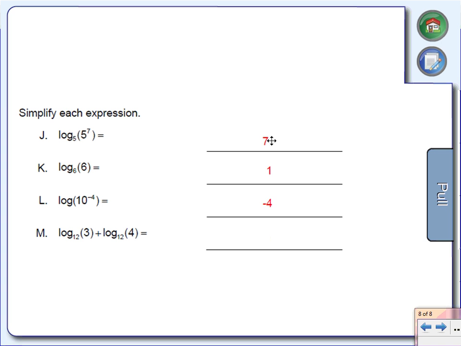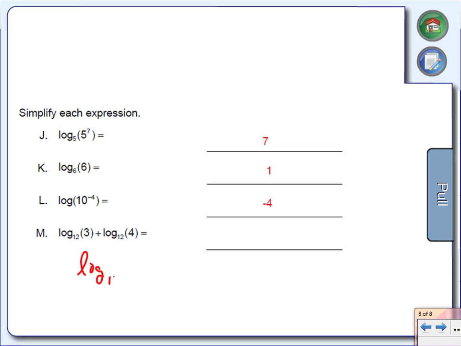And the last one here, this one's the trickiest one. This one has to be done in 2 steps here. Notice we have log base 12 of 3 plus log base 12 of 4. The first thing I'm going to do is rewrite this, guys. Notice we've got some addition here. So if I want to combine these two, we said addition was the same thing as multiplication. So I'm going to multiply the 3 and the 4.